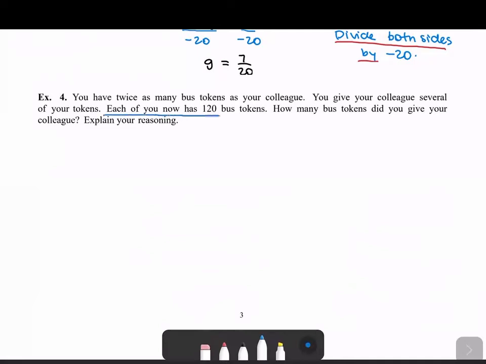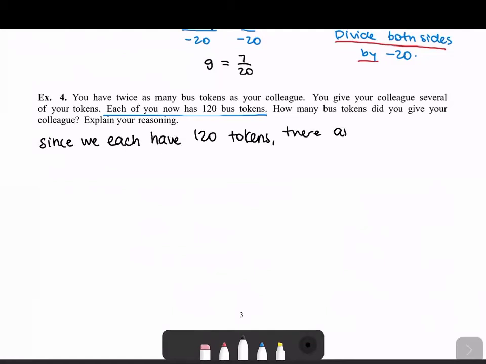So each of you now has 120 bus tokens. So since we each have 120 tokens, there are 240 tokens total, since we both have 120. So we can work backwards to make two groups where one has twice as many tokens as the other.